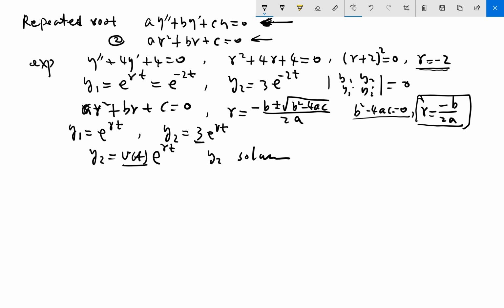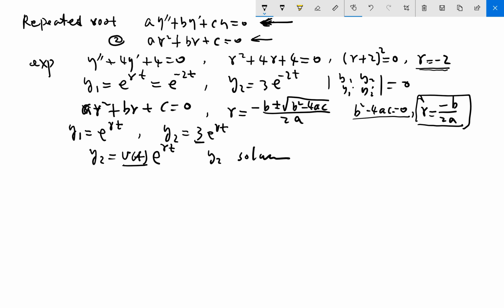Now let's take the derivative of this one to get y2'', using the product rule again. The derivative of v gives v'' e^(rt), plus v' times the derivative of the second, giving r v' e^(rt).